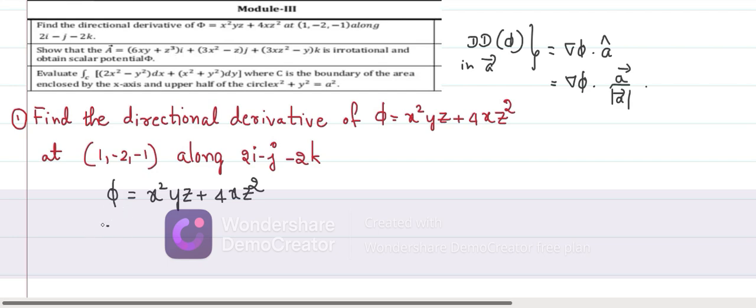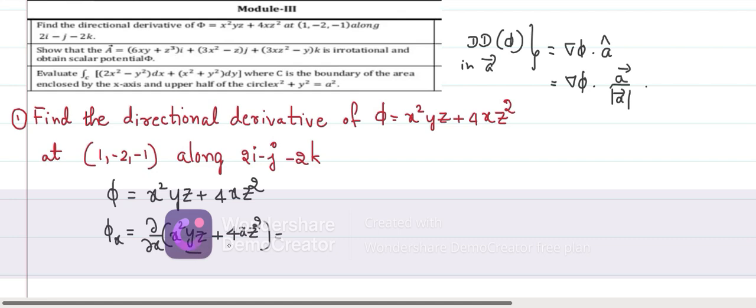So to calculate the gradient, I need to calculate the partial derivatives. So let us calculate the partial derivative of phi with respect to x. That is dou by dou x of x square yz plus 4xz square. Let us denote that by phi x. Phi x means dou phi by dou x. Here y and z are constant, since we are doing partial differentiation with respect to x, and 4 and z square are constant.